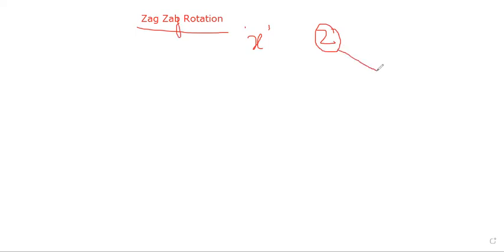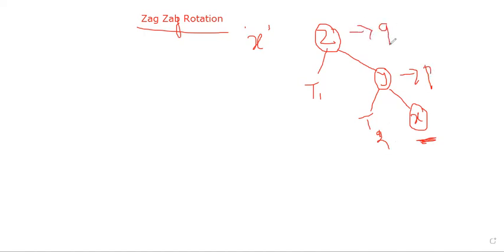So z is a root node, and the z has a child node, on the right side is y, and this y has x as its right side. Let us say there are some child nodes, say t1 and t2, those are the child nodes of z. The element you want to search is x, and y is the parent node and z is the grandparent.